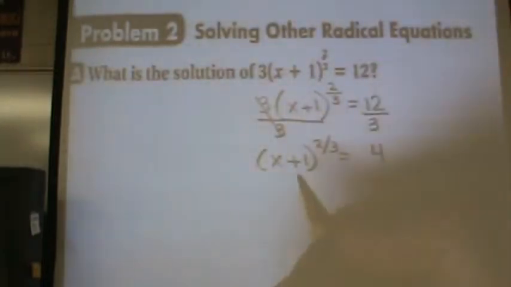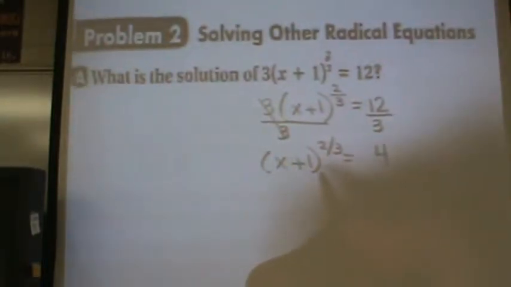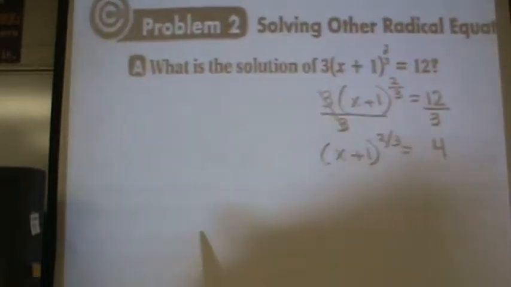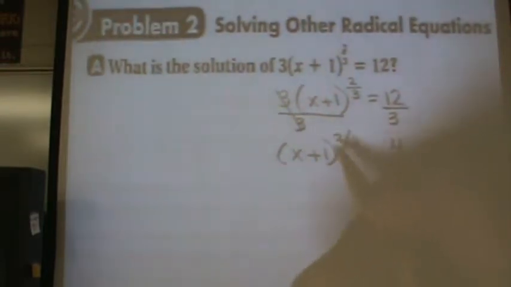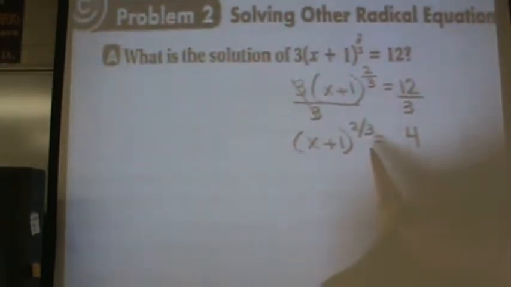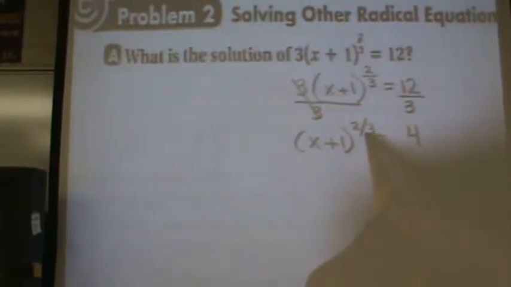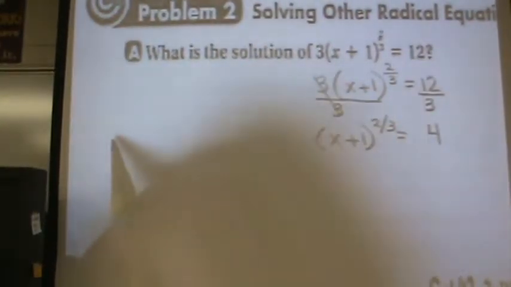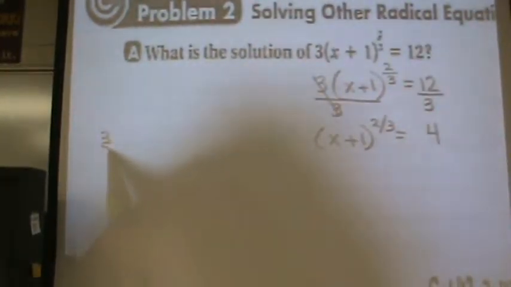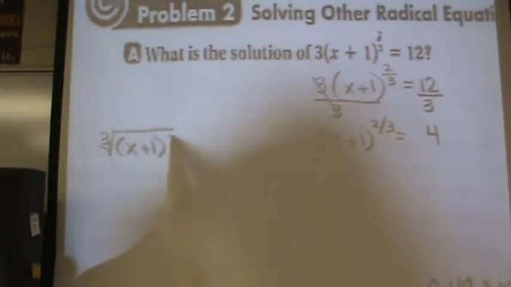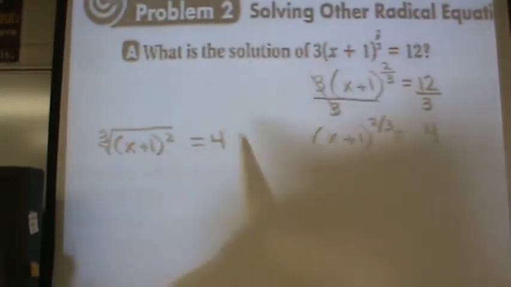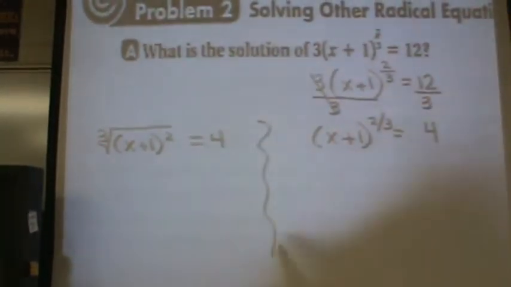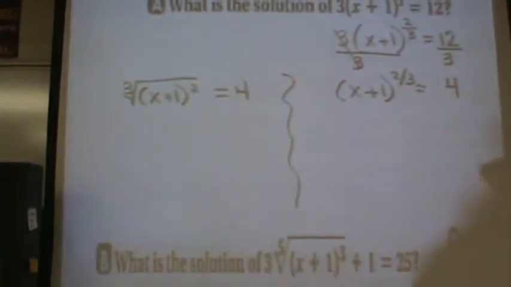Now, if I had to translate this into a radical, right now it has a rational exponent. Does anyone know what the index is? 3. So this problem really reads the cube root of x plus 1 squared equals 4. I don't care which way you do the problem, it's the same thing.